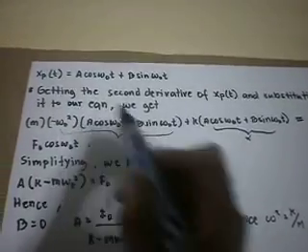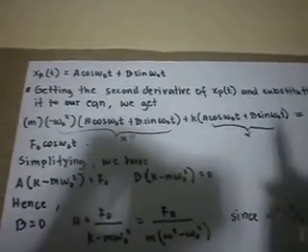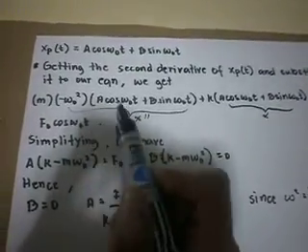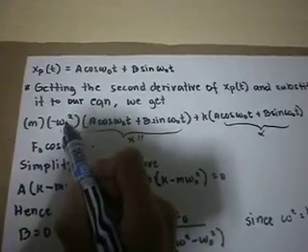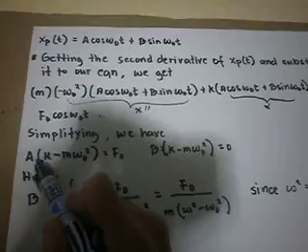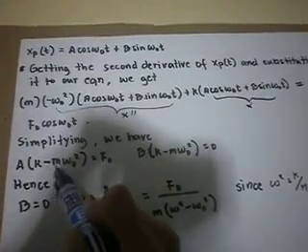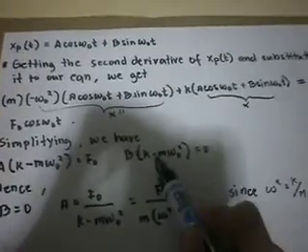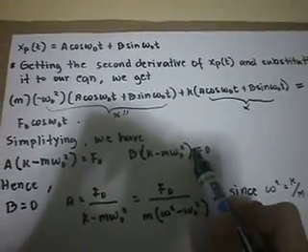We substituted it here and set it equal to F_0 cosine omega_0 t. Since we can simplify this further, we got here A times k minus m omega_0 squared, which is equal to F_0, and B here.